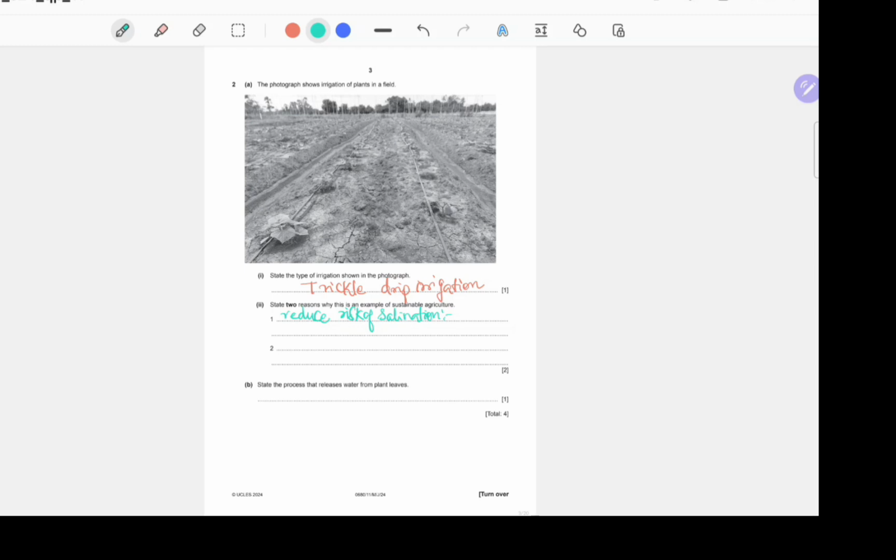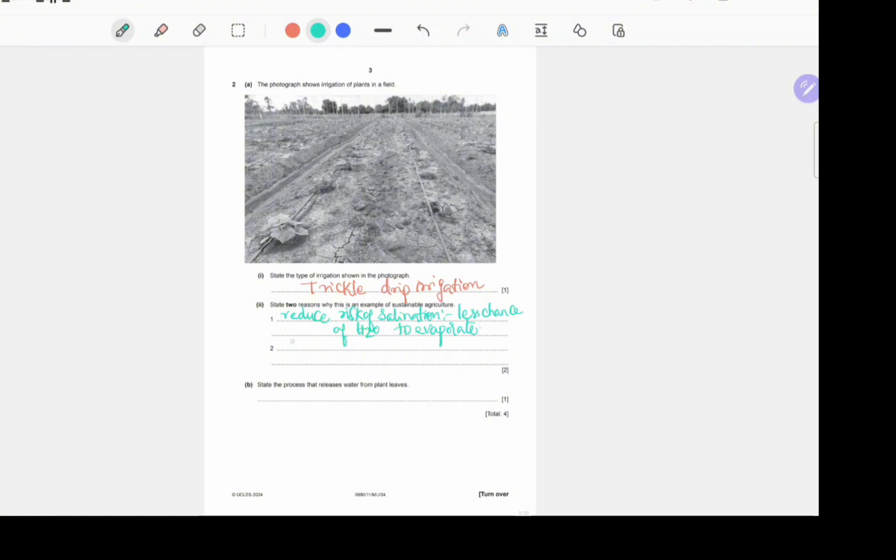What does that mean? Less chance of water to evaporate. I will write it in chemical formula, less chance of water to evaporate, because of space I am writing it in the chemical term. This is one benefit out of it.